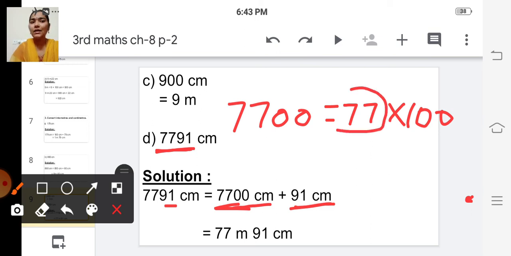So there are 77 meters. Okay, 77 meters and 91 centimeter.